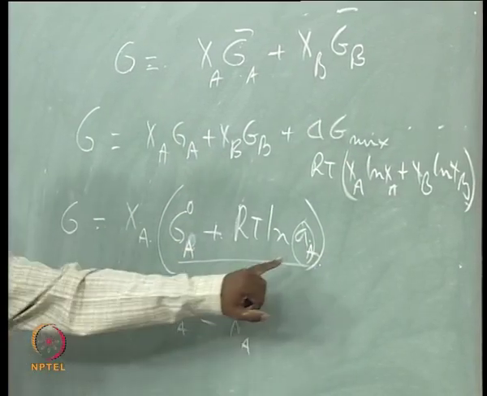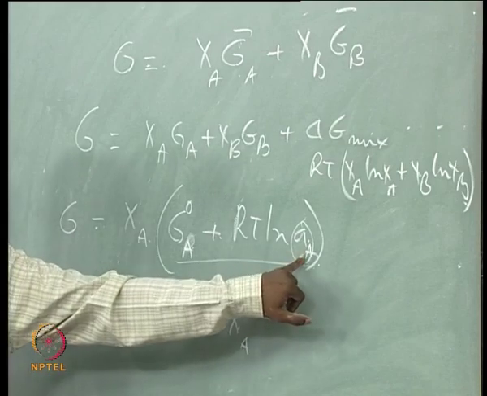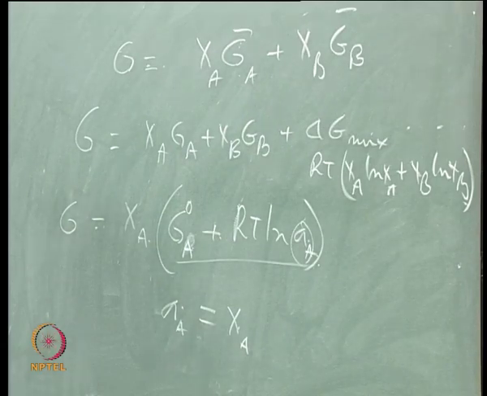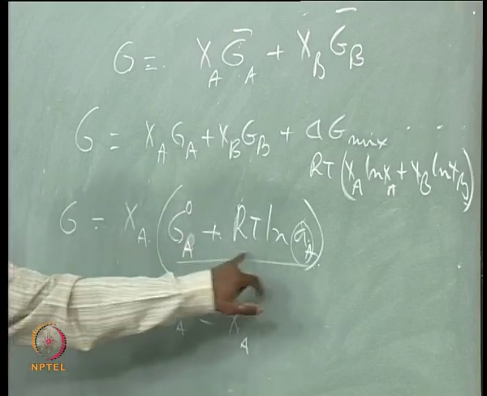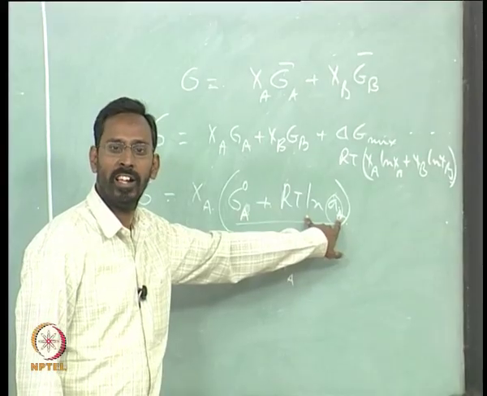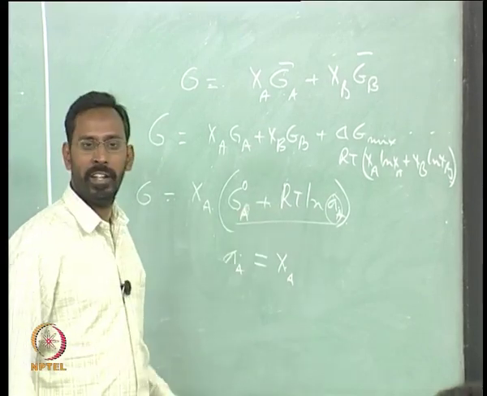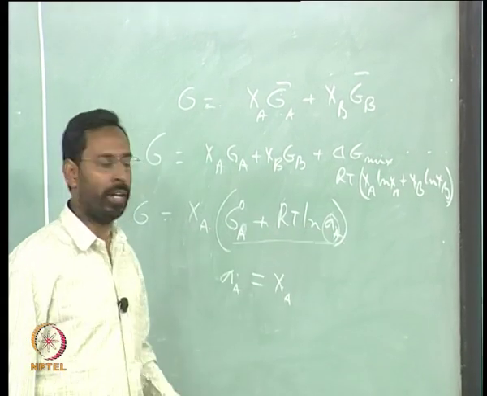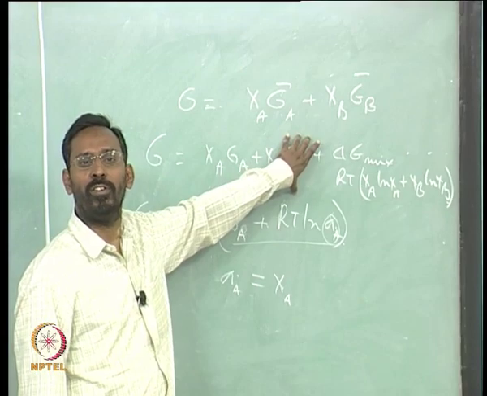So if you put a in terms of XA, this equation becomes equivalent to the other equation, accepting that this is XA G A. So this will become XA times G naught A plus RT ln XA, and then you put the other expression for XB, XB into G naught B plus RT ln XB. So this whole thing is actually this for the ideal solution.